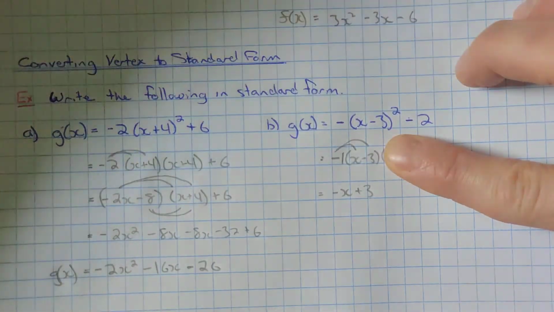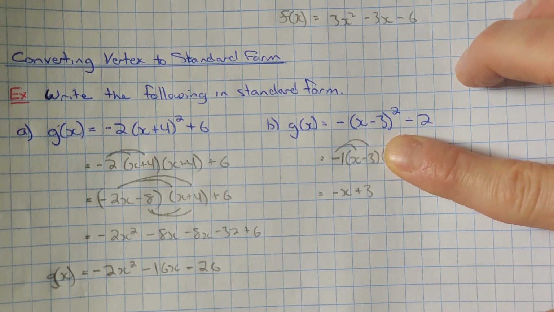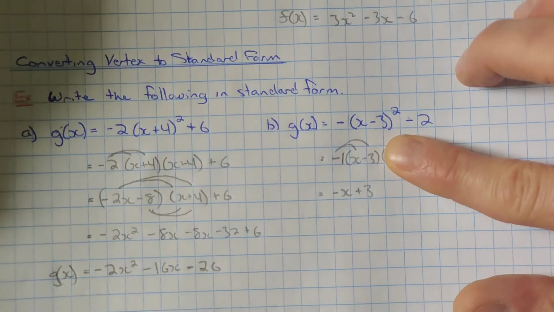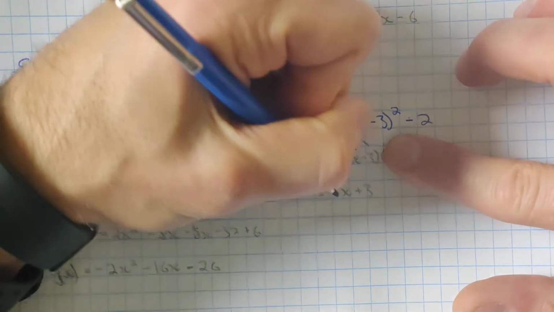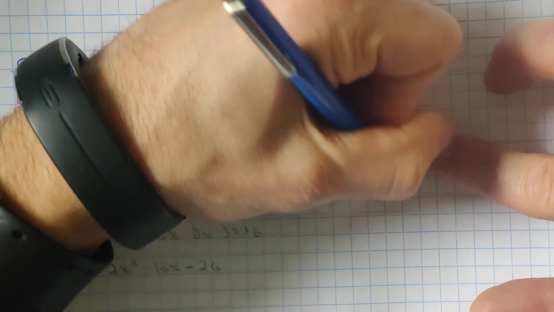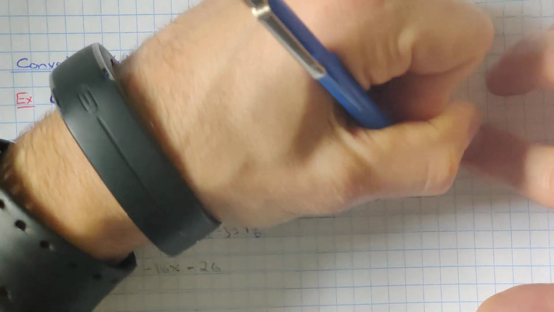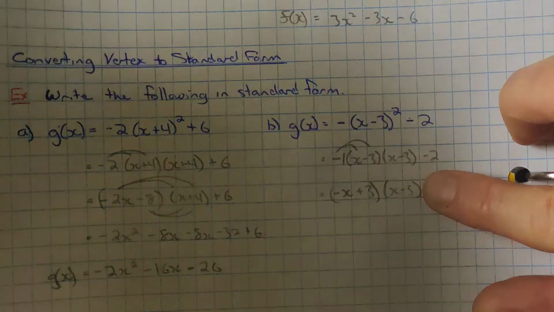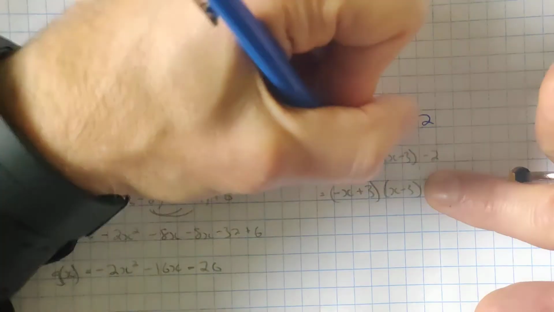That's just a negative 1, by the way. Right? If we don't have a number there, it's just a 1. So negative 1 multiplies those out. Put it in brackets because there's still another multiplication to go. (x minus 3) minus 2. So now we just do this pair.